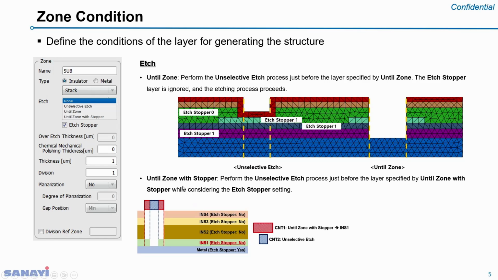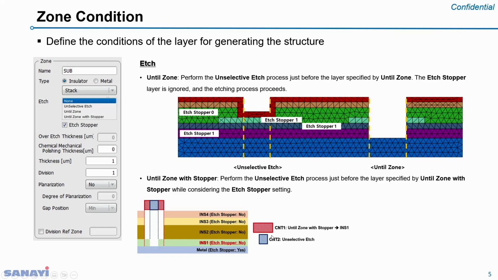Lastly, until zone with stopper means to perform the until zone process while considering whether to apply the etch stopper. From insulator 1 to insulator 4, etch stopper is unchecked. And there are two types of CNT mask.